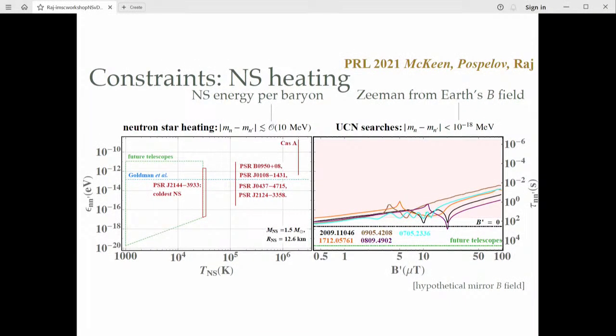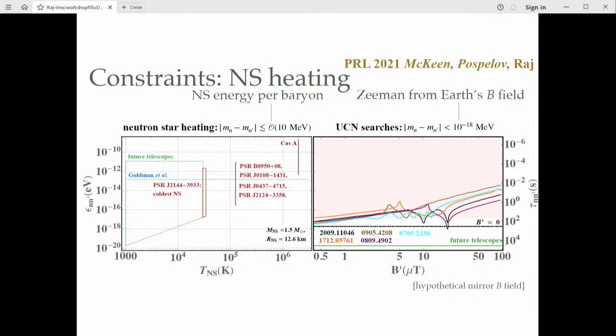People who strongly believe that the dark neutron has to come from mirror sectors also put in these mirror photons, and they do create mirror magnetic fields on Earth. So for example, in this plot that I showed, the x-axis is this hypothetical mirror magnetic field for these searches. But it depends on your degree of belief. For me, I only want to turn on the most minimal thing to see this. But yes, it's an interesting idea. You can probably have huge mirror magnetic fields in the neutron star, if there is a large fraction of dark neutron.